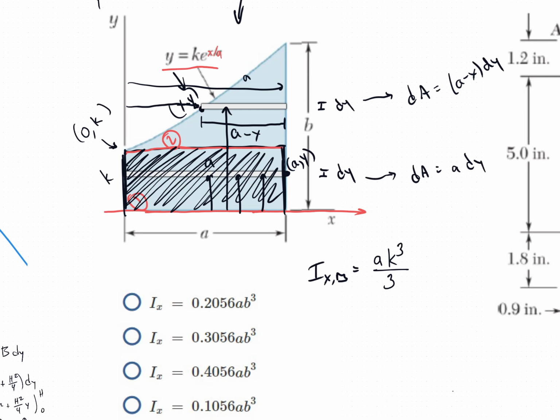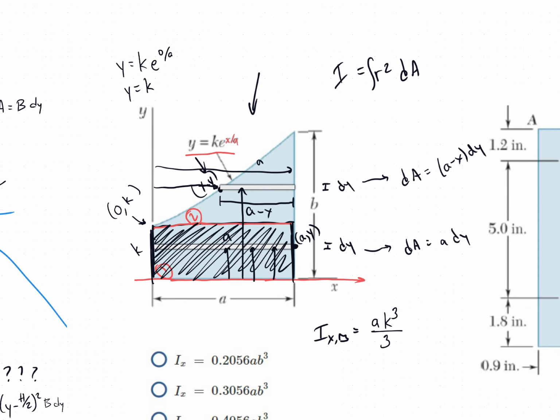We don't know what k is yet. Well, I guess we'll have to figure that out at some point. We might as well figure out what k is right now. If ever you get a problem like this and they want you to figure out what k is, what we're going to do is go up here, and I know this point right here.